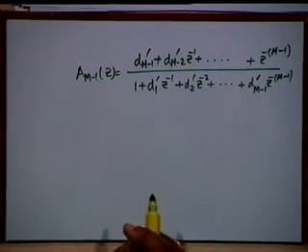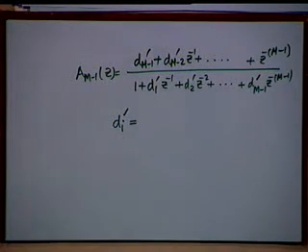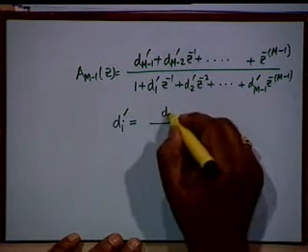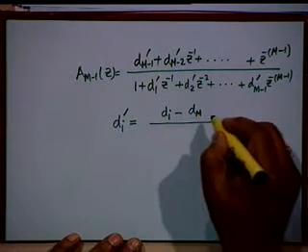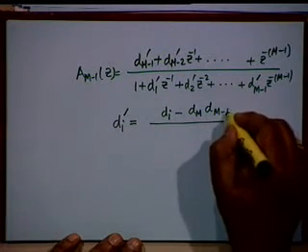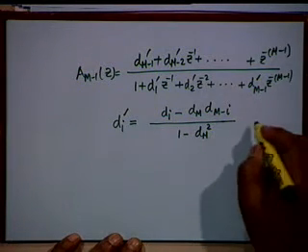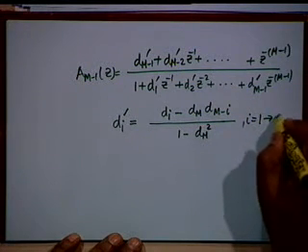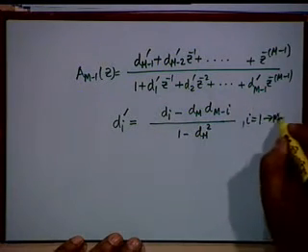It is an all pass function, okay, where obviously the relationship is that the coefficients d_i prime are d_i minus d_m d_{m-i}, whole divided by 1 minus d_m squared, i going from 1 to m minus 1.